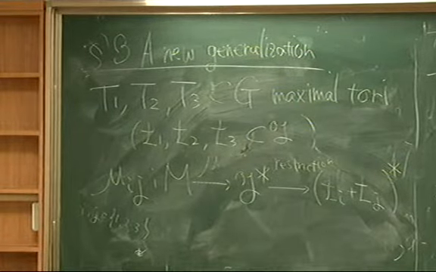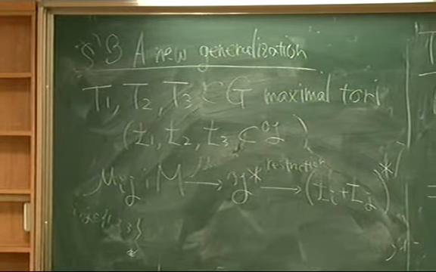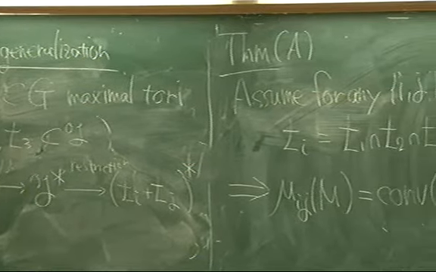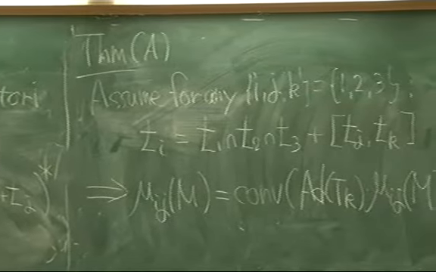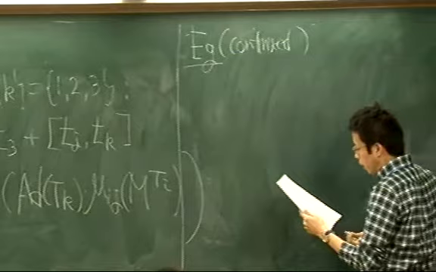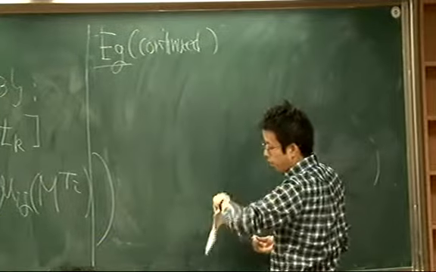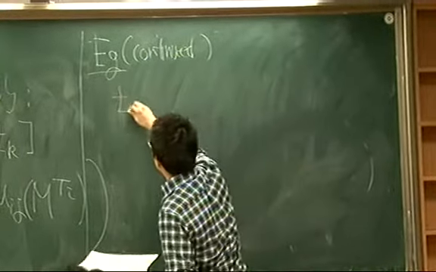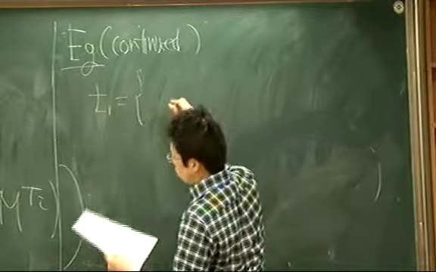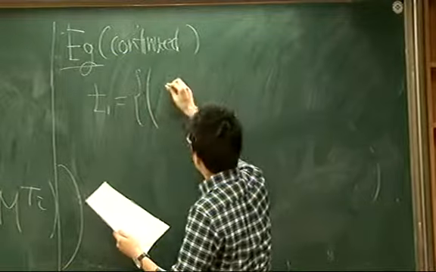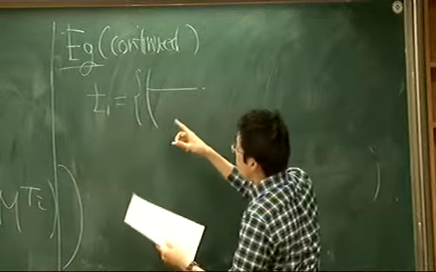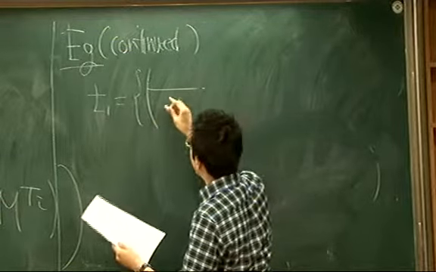So let me explain by an example. The precise form is not a big deal, but to see what happens, let me define T1, T2, and T3 in the previous example.